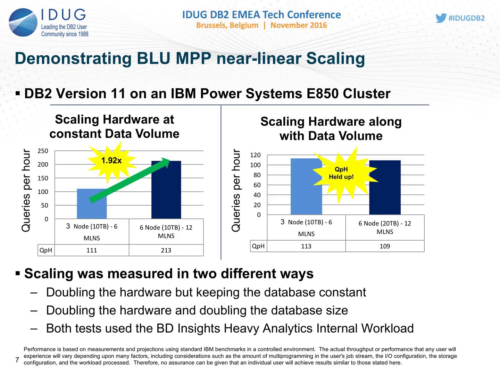So what we tested was a DPF system with 3 servers, 6 Db2 partitions, and 10 terabytes of raw data. And then we doubled the size of that cluster to 6 servers, 12 database partitions, but still the same 10 terabytes of data, the same workload.